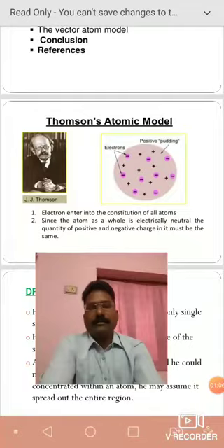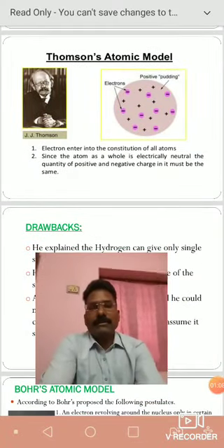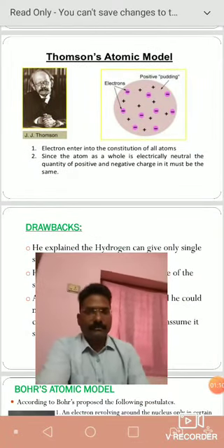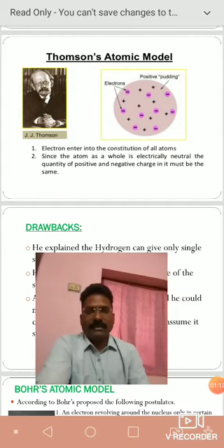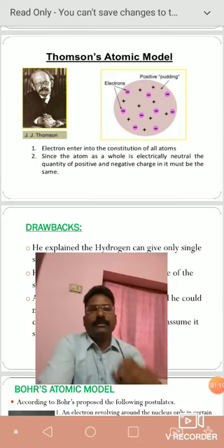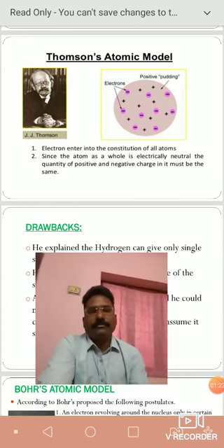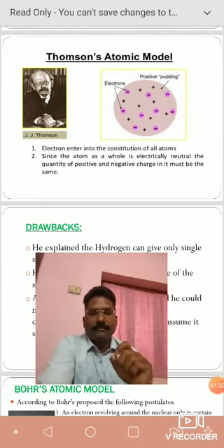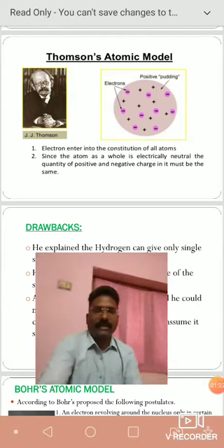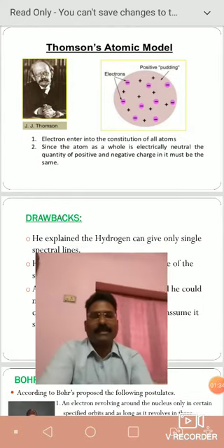First of all, why was Bohr's theory of hydrogen atom discussed? For the fine structure of hydrogen atom. According to Thomson's atomic model, he assumed in those days all the electrons embedded in positive charge, like a watermelon, the seeds embedded in the flesh.